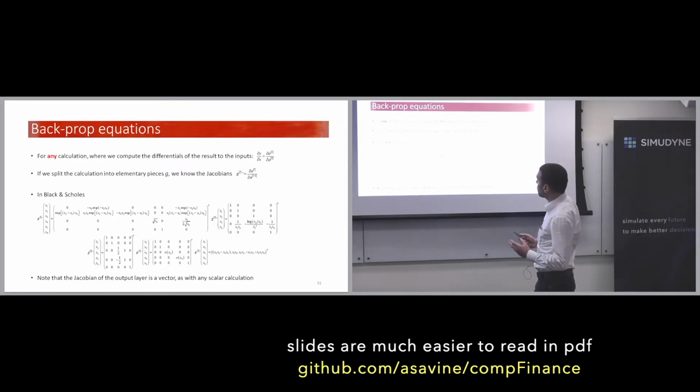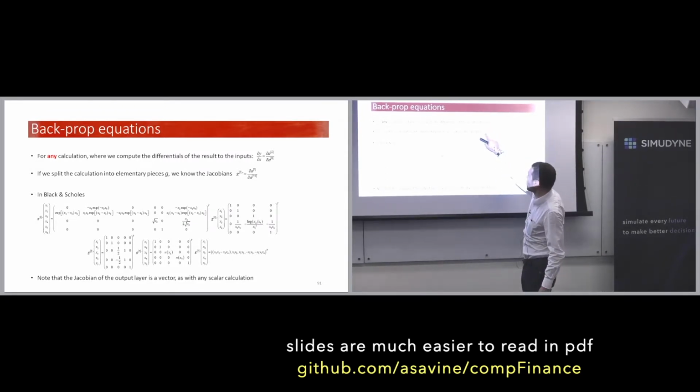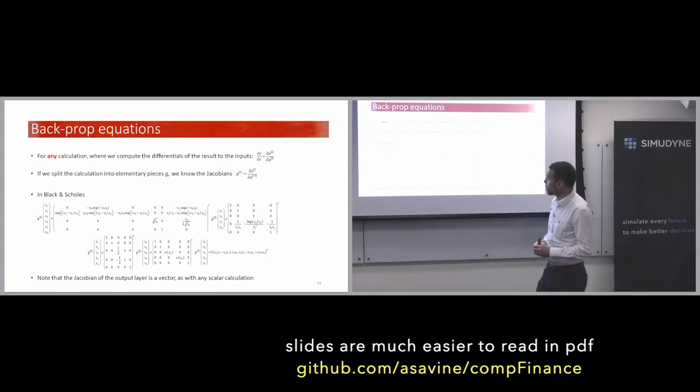So for any calculation where we want to compute the differentials of a result to the input, so we want dy over dx, which is dAL over dA0, once we have split this calculation into these elementary pieces, for which we know the Jacobians, which with a slight abuse of notation I call GL prime. These are vector-to-vector functions, GL. So GL prime is really a Jacobian matrix of dAL over dAL minus 1. And these guys are known, right?